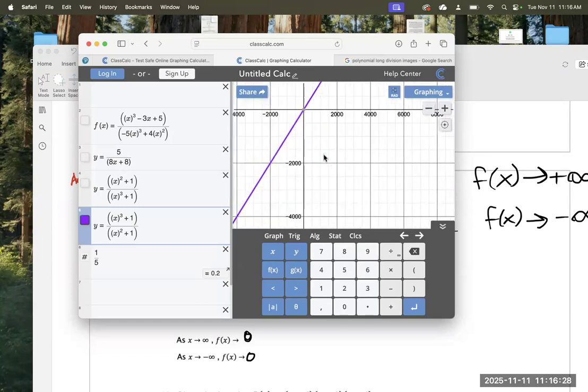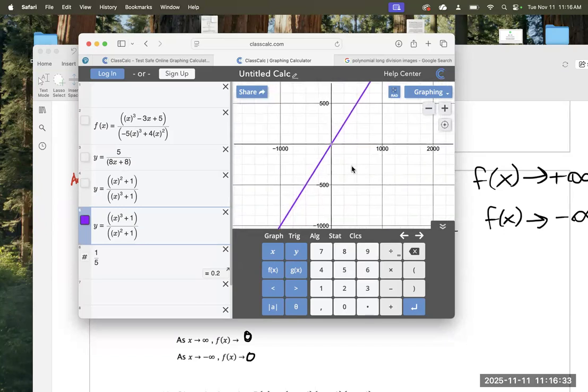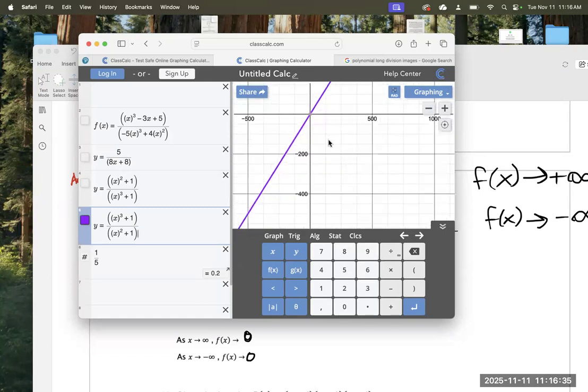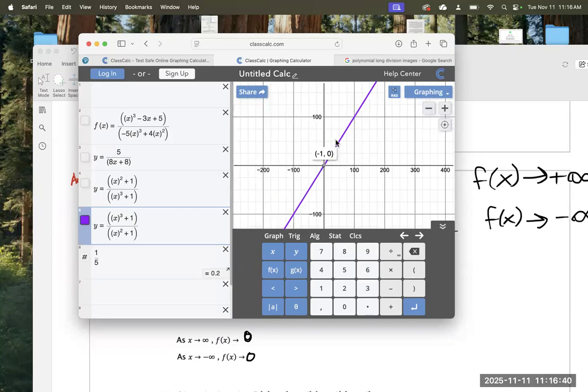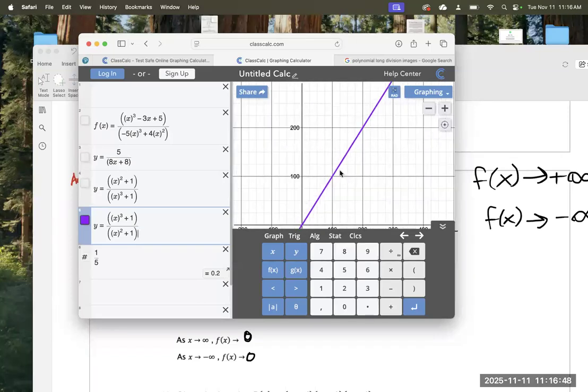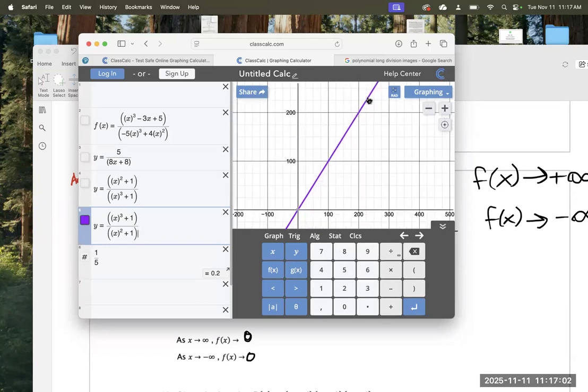So we can see that as x goes to positive infinity, we're just going to continue getting larger and larger. So the y coordinate here is going to positive infinity.